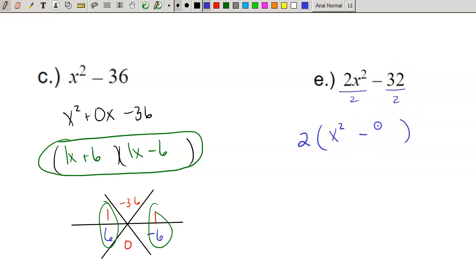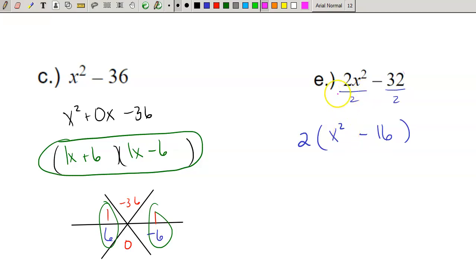So I'd have a minus 16 here. So the first thing that I do here is I take out this 2 that both of them have, and I put it out in front here. Now, this should make sense, and it should, if we multiplied this back in, it should be obvious that we would end up with 2x squared minus 32, just like we had when we began.